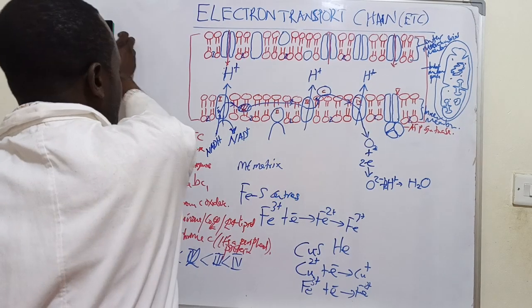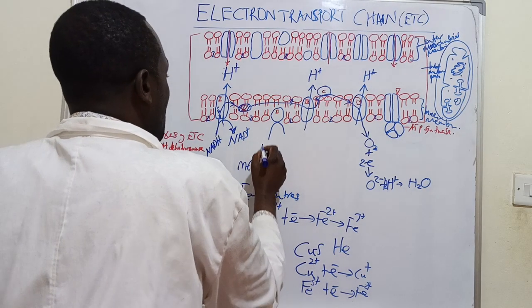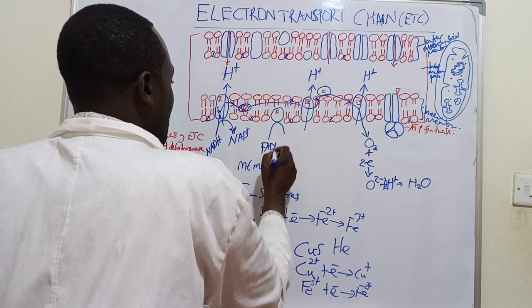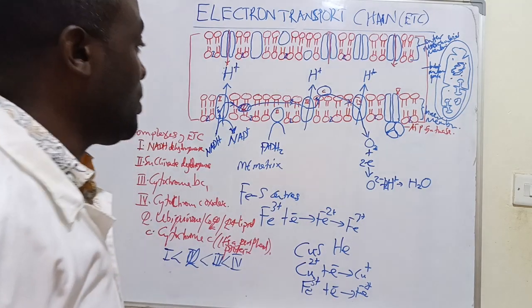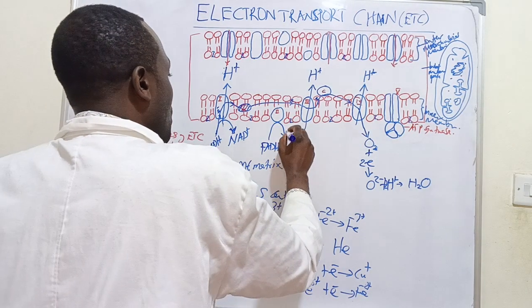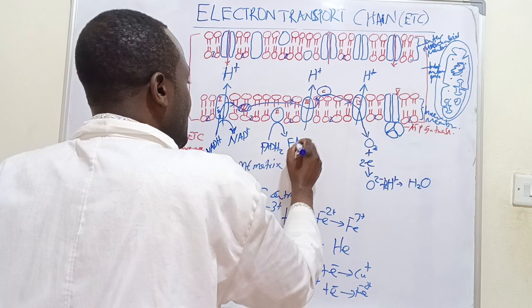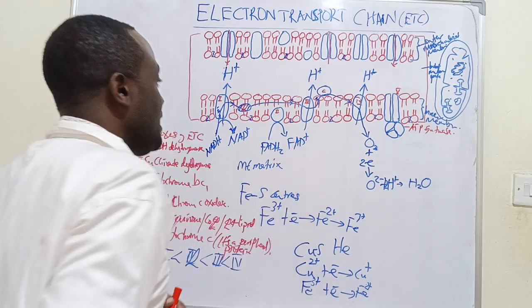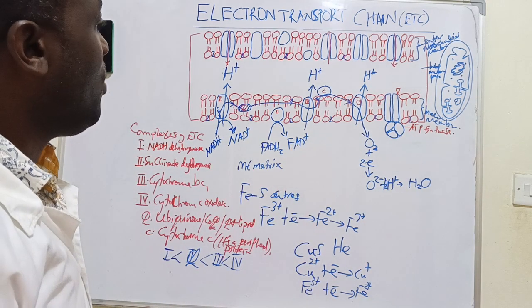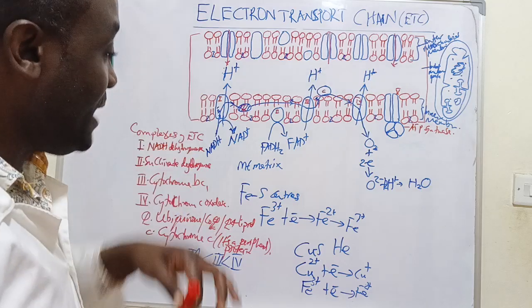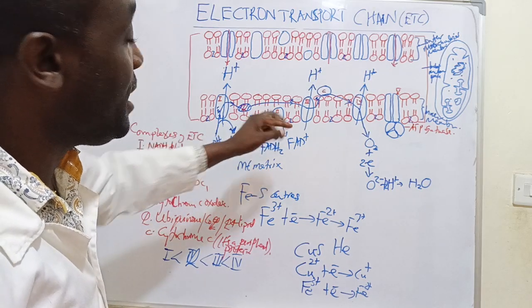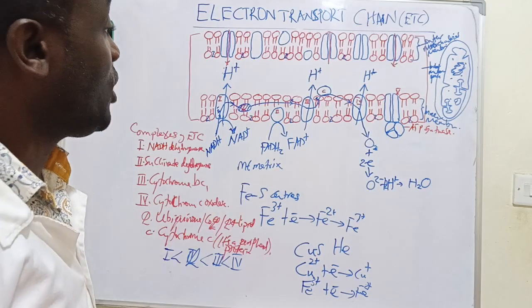Complex 2 is the only complex capable of oxidizing reduced flavin adenine dinucleotide to oxidized FAD. That is where we find the only link between the Krebs cycle and the electron transport chain.